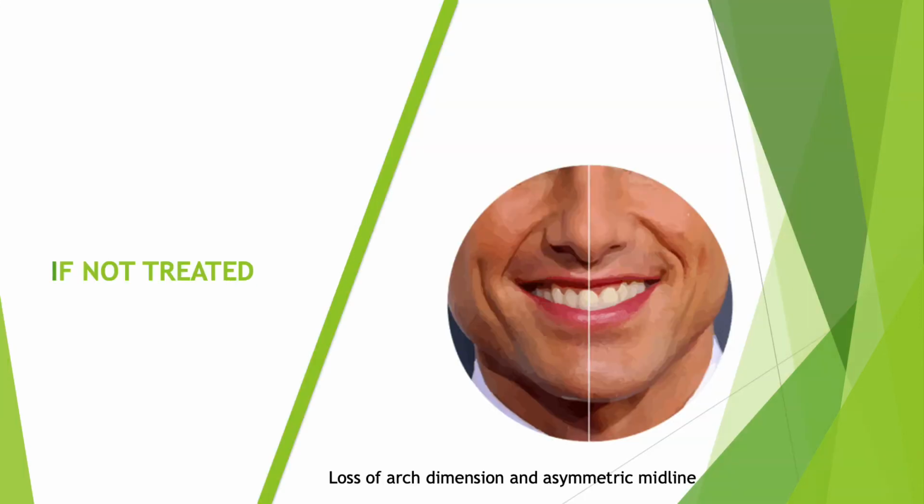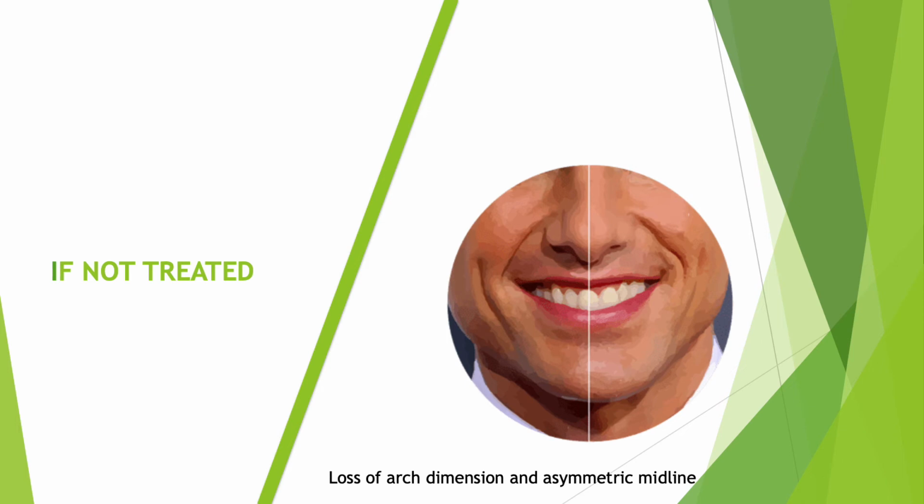Now, what happens if you don't treat it? The first thing is there will be loss of midline symmetry. The midline of an individual, specifically the face midline, is a very important factor when it comes to looks, or aesthetics, right?